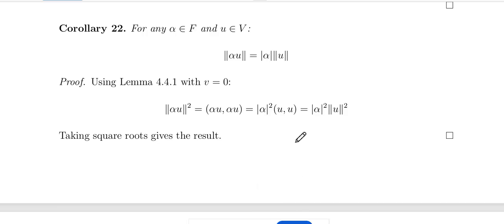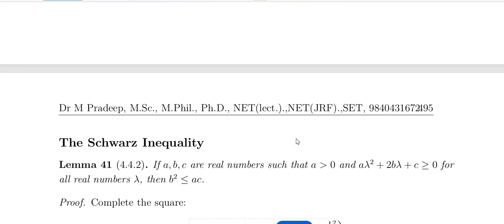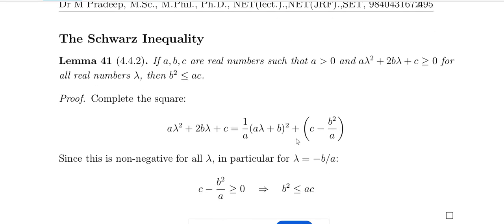The same way, the corollary: for any alpha belonging to F and u belonging to V, the norm of alpha u equals mod of alpha into norm of u. Okay, and this is called the Cauchy-Schwarz inequality.